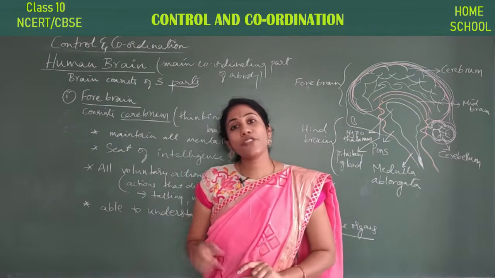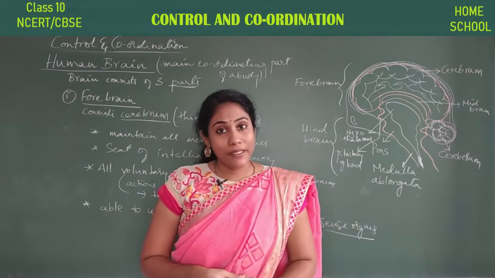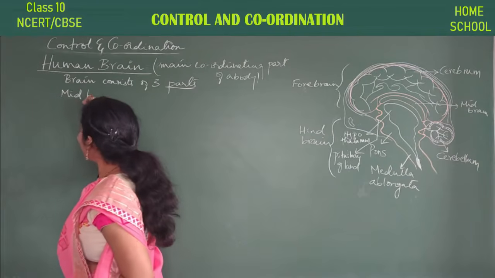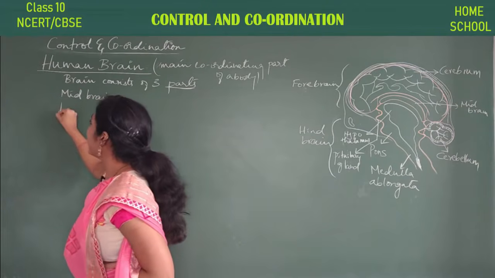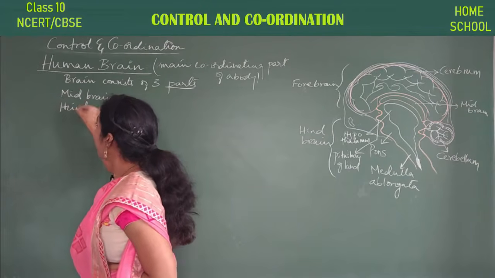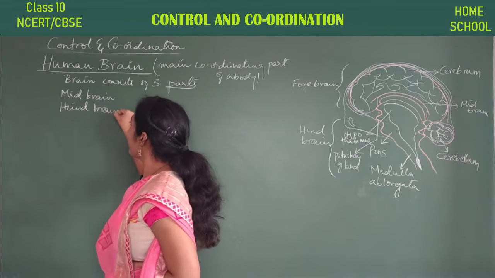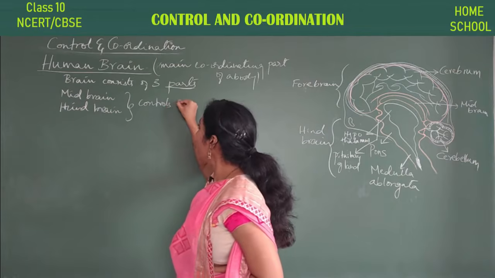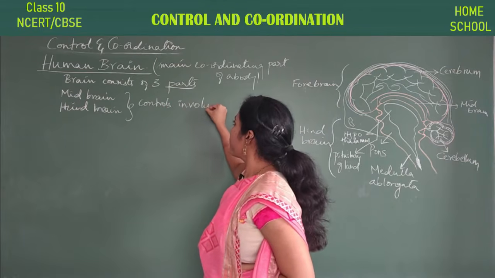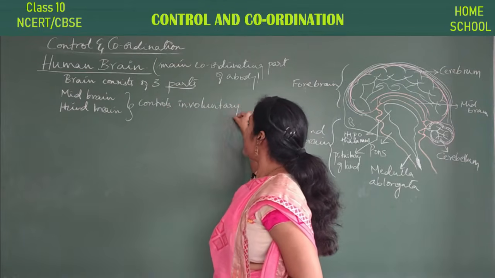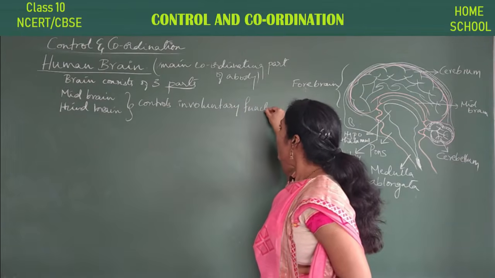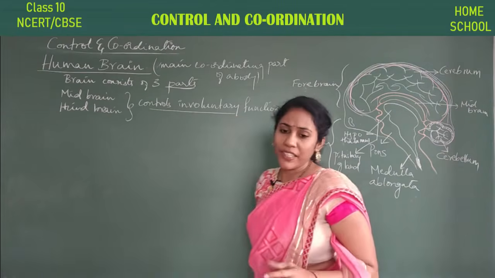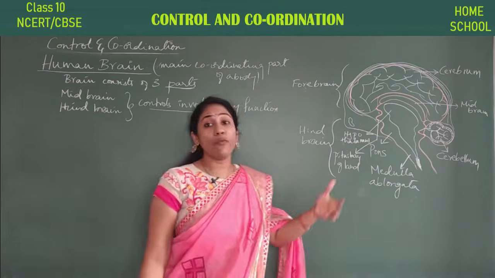Okay, now let us go to the midbrain and hindbrain. See guys, both the midbrain and hindbrain control involuntary functions. When we discussed the functions of the cerebrum, we said that the cerebrum controls voluntary functions.